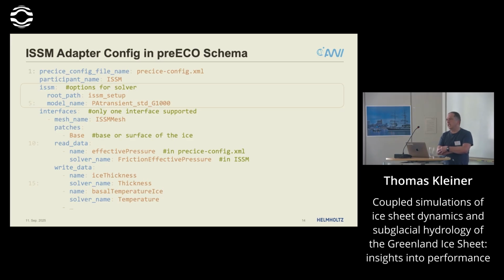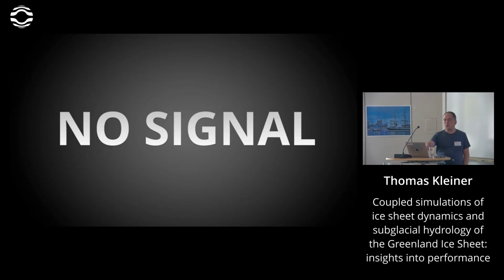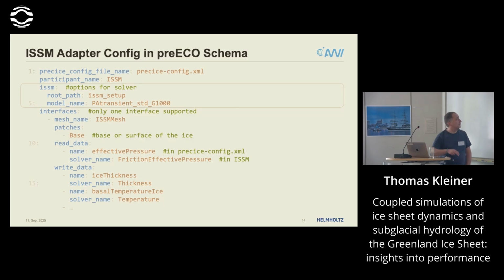All the data is exchanged on the nodes, and we make heavy use of the feature where we can translate between the field names that are available within the ice sheet model and what's available within preCICE. That was a big improvement, and I think that's all to this.